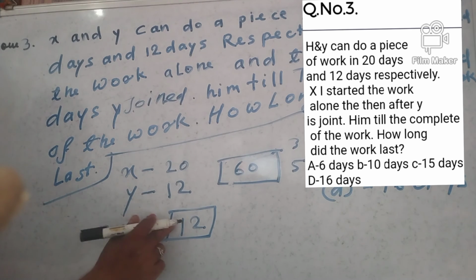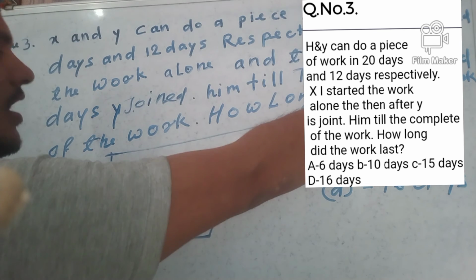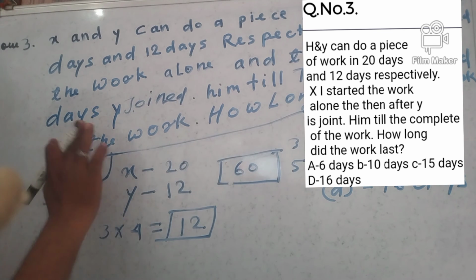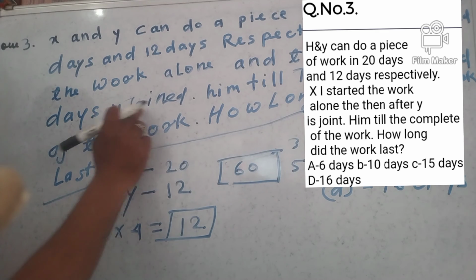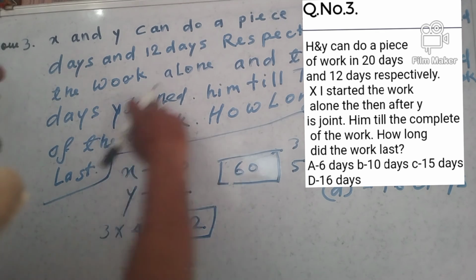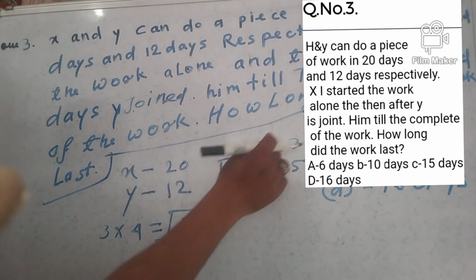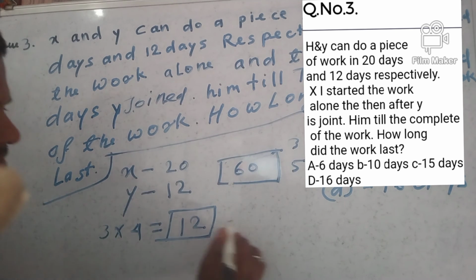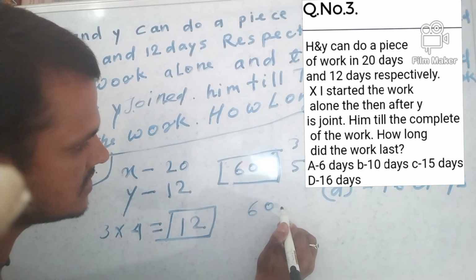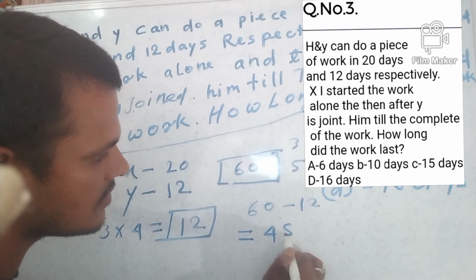He completed 12 work out of 60 before both joined, X plus Y. So remaining work is 60 minus 12, which will be 48 work.